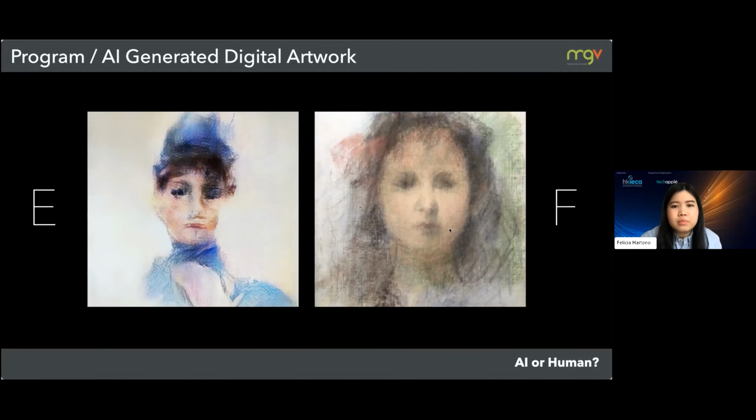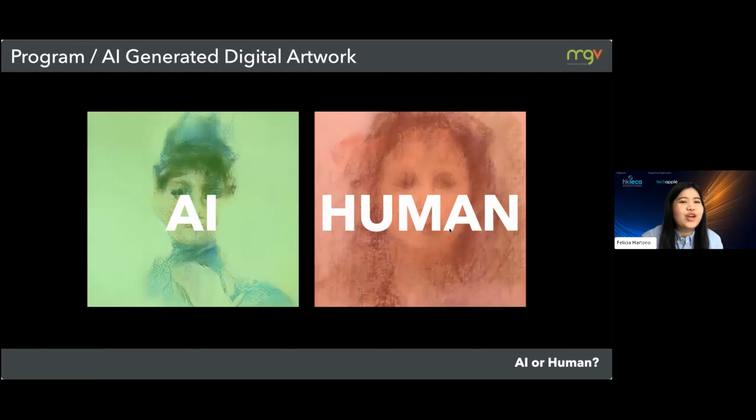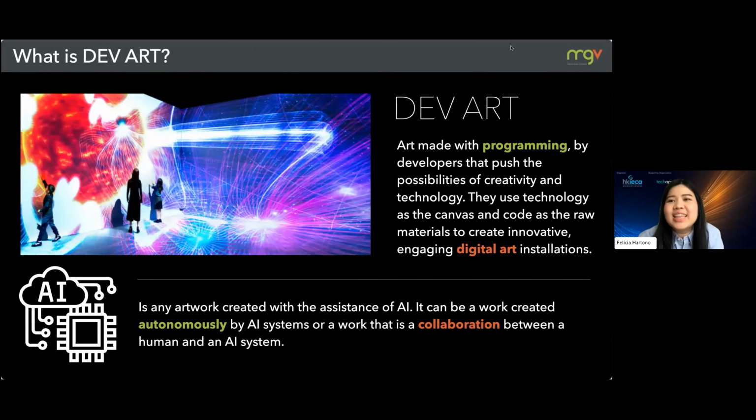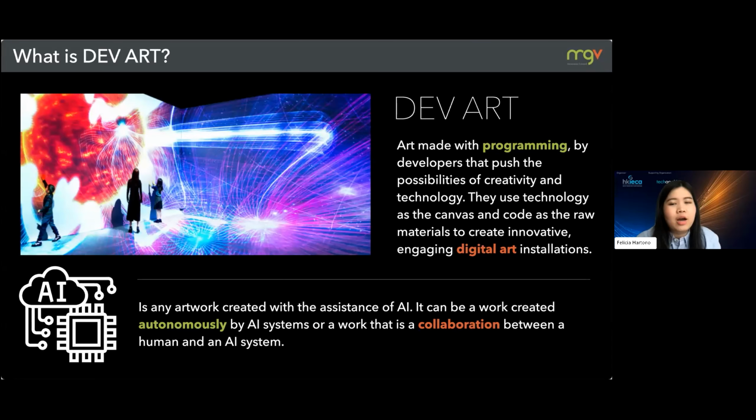Okay, so after that little game, let's dive into what is dev art and what is AI art. Dev art is art made with programming by developers that push the possibilities of creativity and technology. There has been a decade, if not maybe hundreds of years, long divide between the world of programmers and designers.